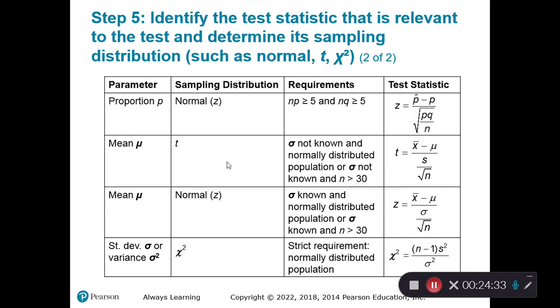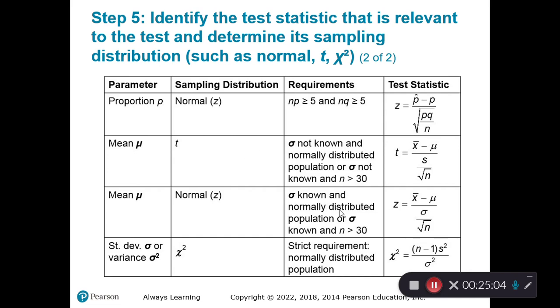For section 8.3, we are going to be talking about testing claims regarding a population mean mu. There we actually will be using one or another when it comes to the distribution. Some problems will involve the standard normal distribution, the distribution of z-scores, and others will use the distribution of t-values.